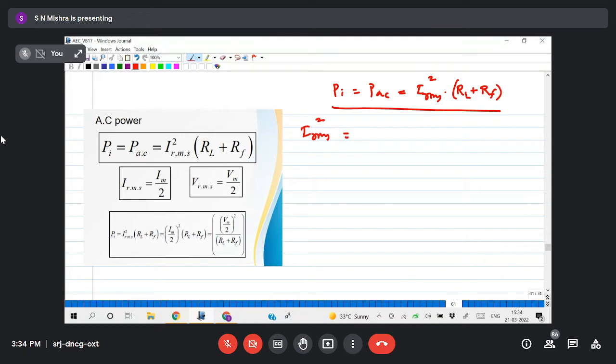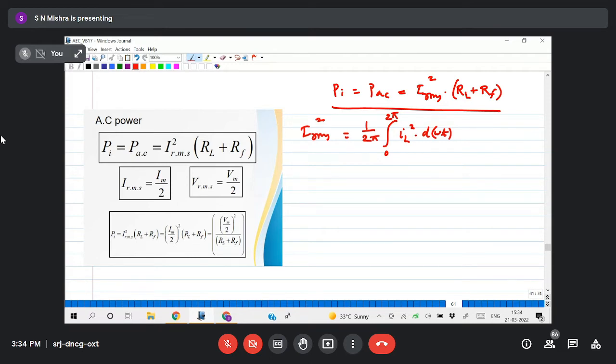So I RMS square equals 1 by T, that is the time period, integration 0 to T, that is 0 to 2 pi, IL square d omega T. Here also we convert the AC signal into the load current parameter.